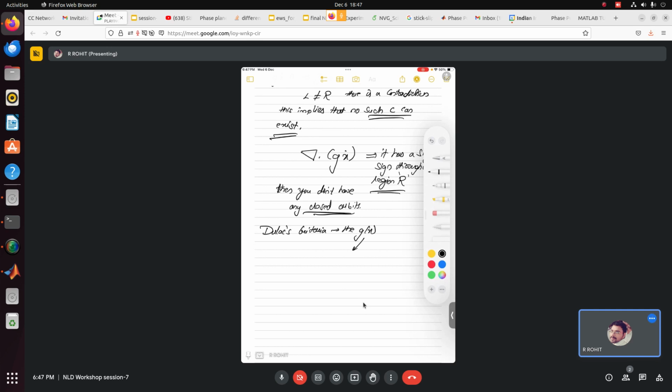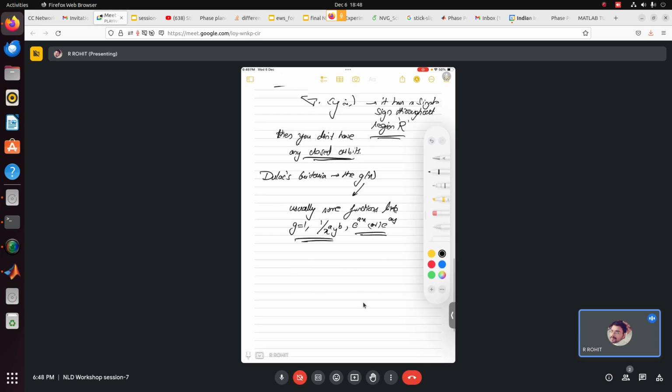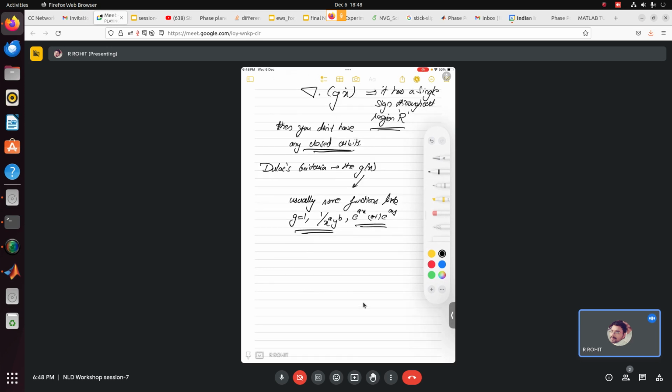Usually some functions like g equal to 1, or 1 by x to the power a y to the power b, e to the power ax or e to the power ay. These are the general g functions which are mostly applicable to different scenarios which people have tried.